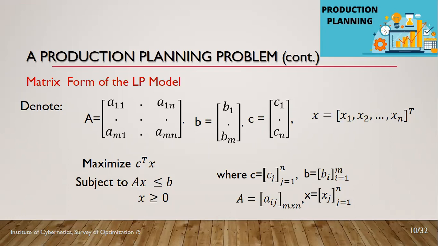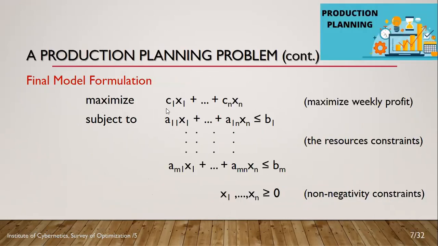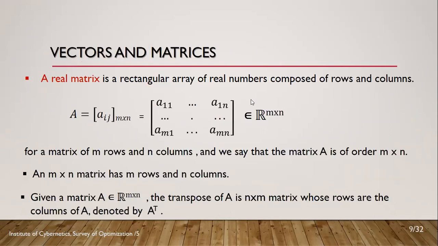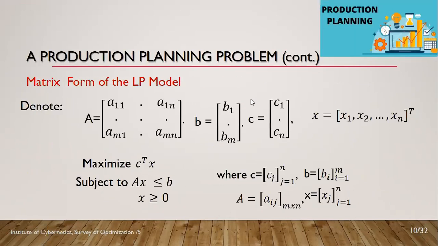Therefore, since we wrote it in a row here, we put it in a row, and we use the transpose symbol for this vector in the objective function. x denotes the vector of variables x sub 1, x sub 2, up to x sub n. It is already a column vector, so we don't need to repeat the transpose symbol here. Therefore, the objective function looks like c transposed times x, where c and x are vectors.